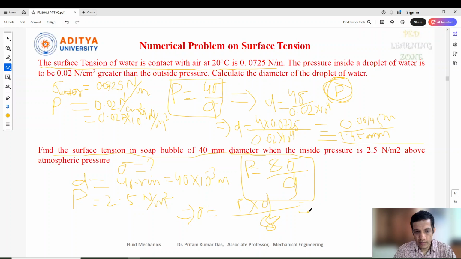So it is nothing but p equal to 2.5 into d, which is 40 into 10 to the power minus 3, divided by 8.